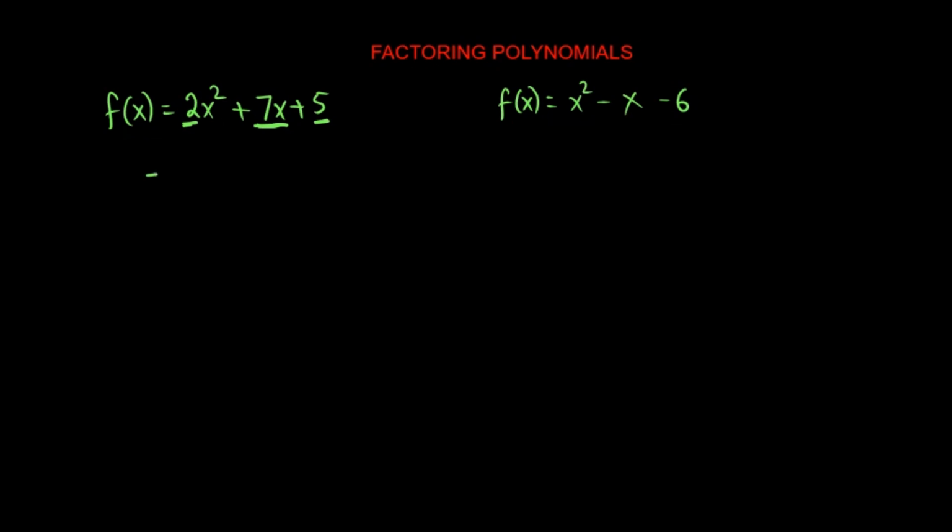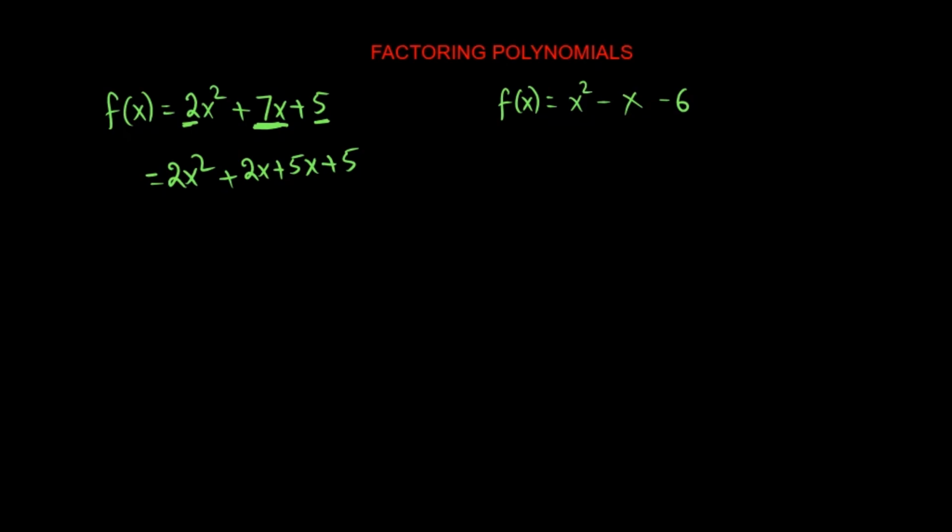So this function f(x) would be 2x squared. The first term is unchanged. We will break this into 2 and 5. 7x can be written as 2x plus 5x. These two combined is 7x. And then at the end, we copy the last number.